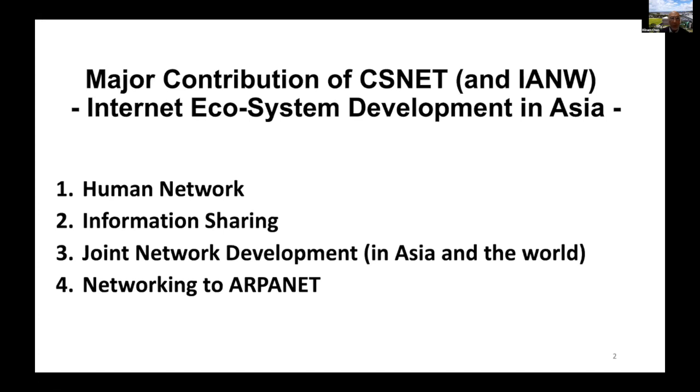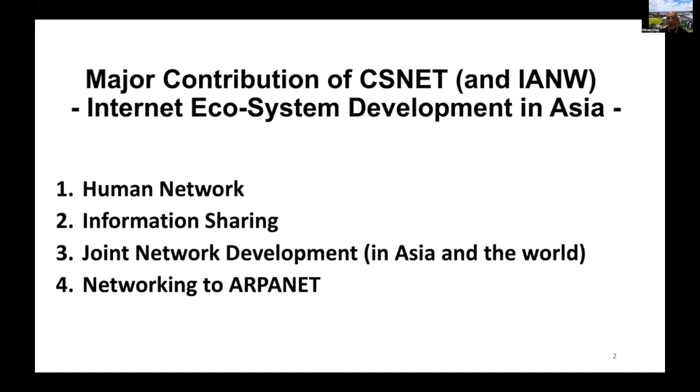Then ultimately, we want to have a network into the ARPANET. But ARPANET, by regulation, is not allowed to connect to the overseas networks. Then again, CSNET is so perfect.